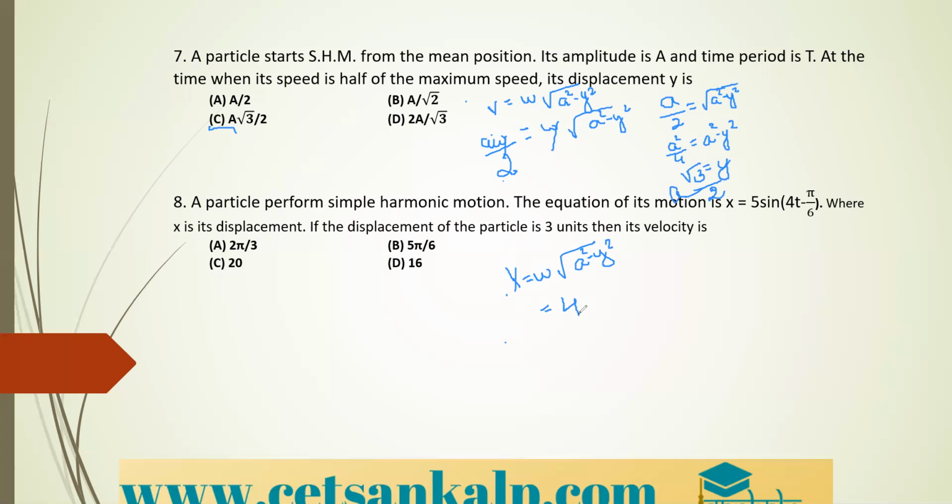From the equation x is equal to 5 sine of omega t minus theta, omega is 4. So v is equal to 4 root of A square minus y square. What is A from the equation? It is 5. So 5 square minus y square, where y is 3 units as given in the question, therefore 3 square. If you simplify, you will get v is equal to 16. That is your option D. Option D is the correct one.